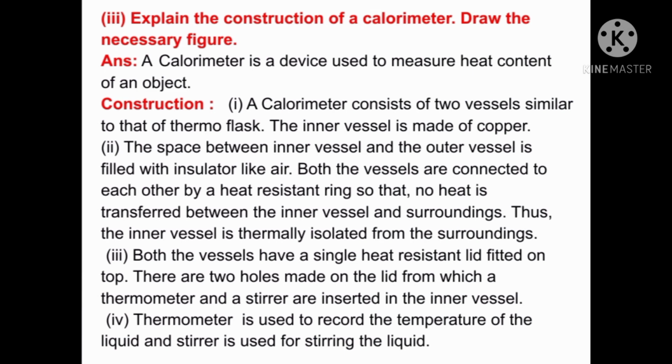Second one, the space between the inner vessel and the outer vessel is filled with an insulator like air. The air cavity is present between both the vessels. Both the vessels are connected to each other by a heat resistant ring so that no heat is transferred between the inner vessel and surroundings. It is constructed very accurately.